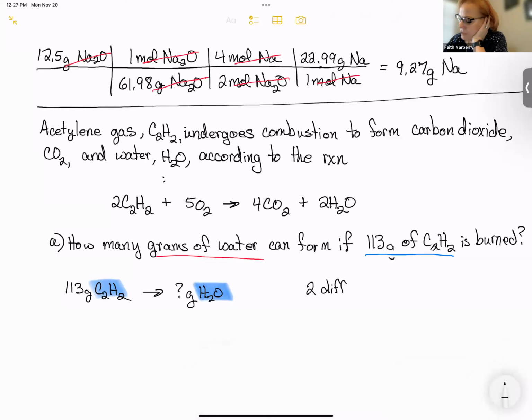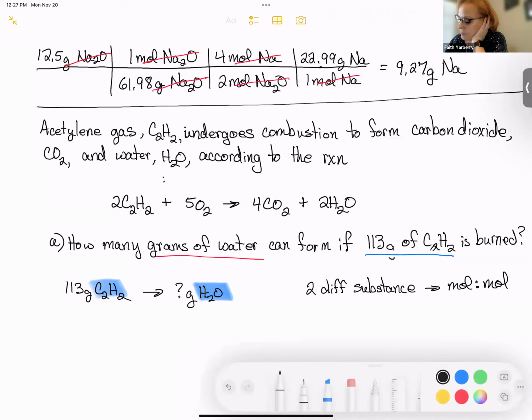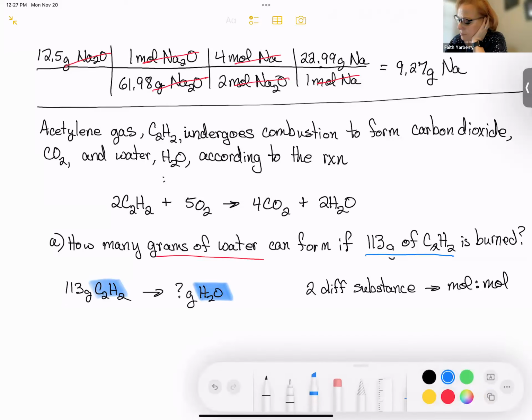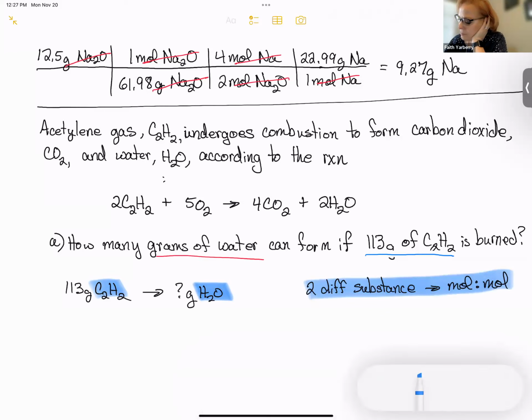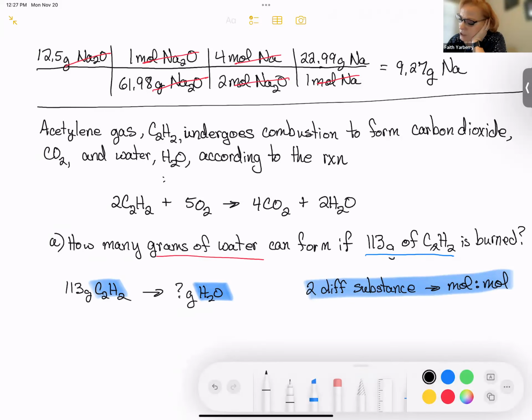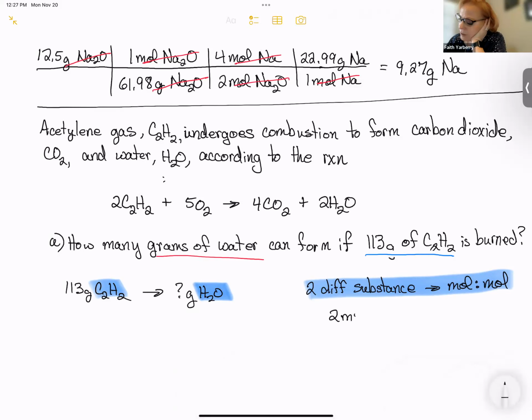When you have 2 different substances, it means you're going to need the mole to mole ratio, which is going to come from the balanced chemical equation, which has 2 moles of C2H2 to 2 moles of H2O.